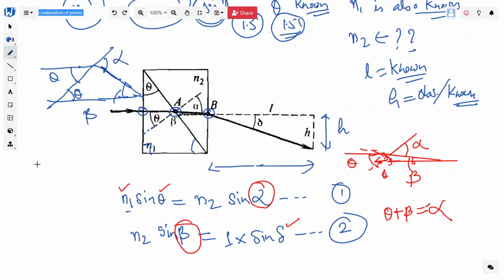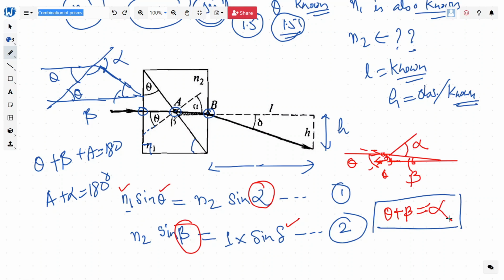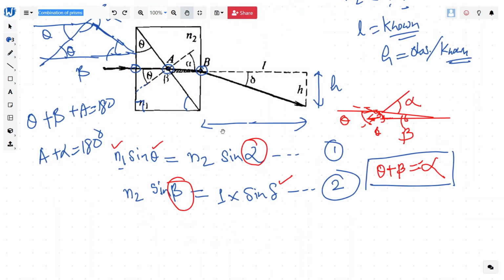So we know that in this triangle, theta plus beta plus this angle A is going to be 180, and this A plus alpha is also going to be 180 because this is a straight line. Hence theta plus beta is going to be alpha. Makes sense.